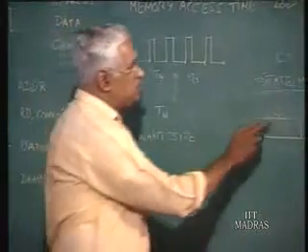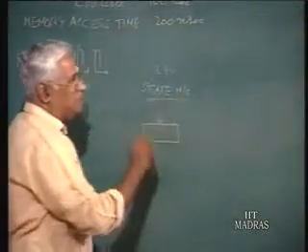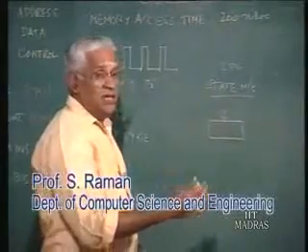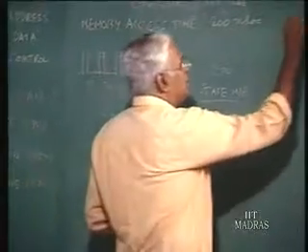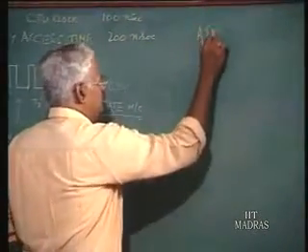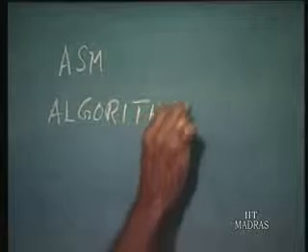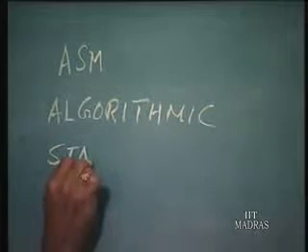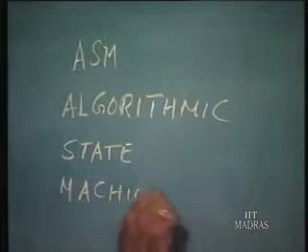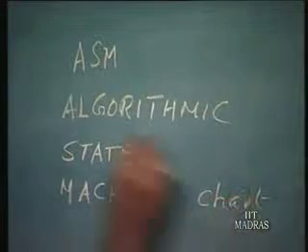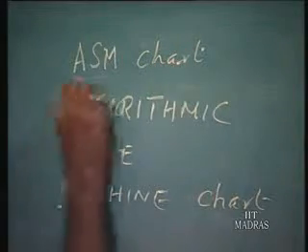Okay, so this actually is called a state machine chart, and because the particular chart will be describing the flow of activities, in other words algorithm, this one is called an algorithmic state machine chart, or just an ASM chart, that is what it is.